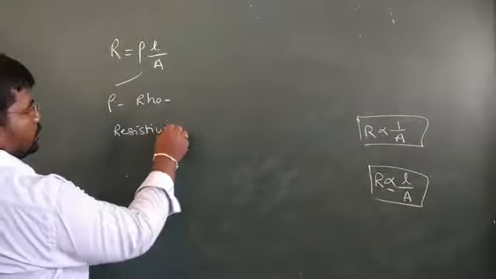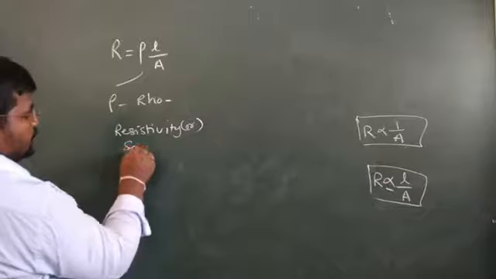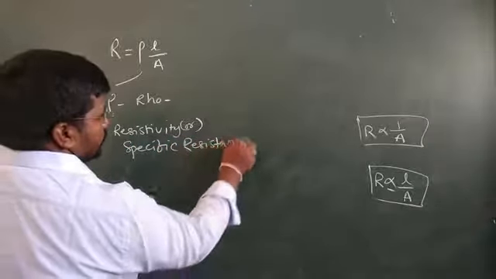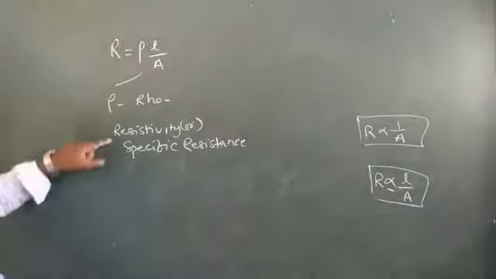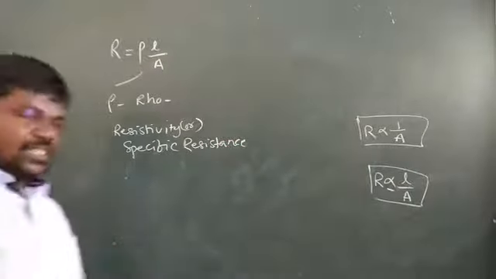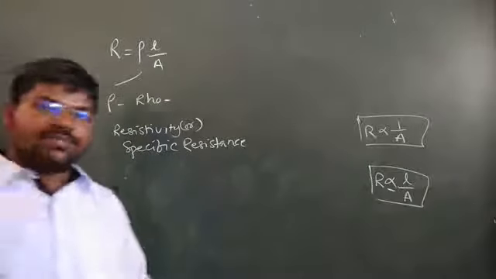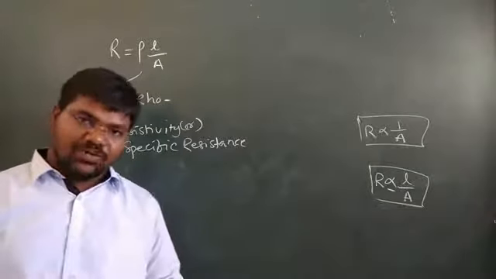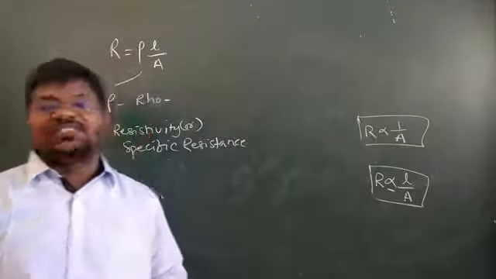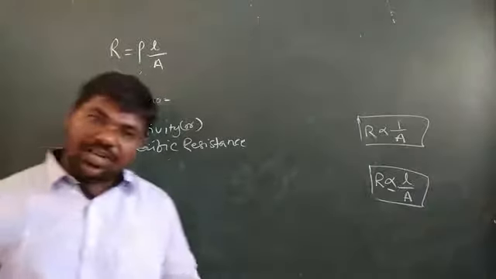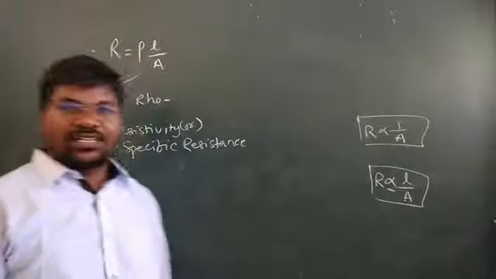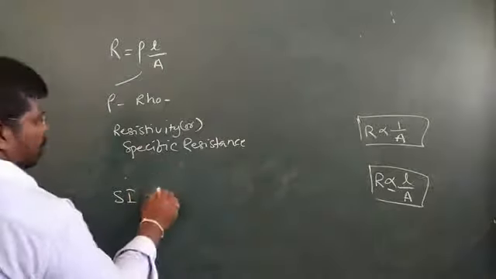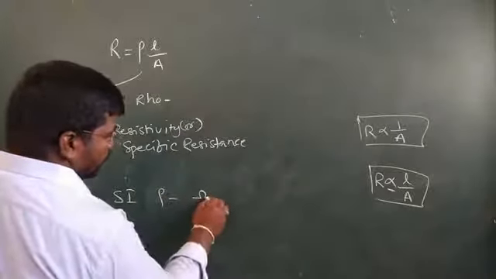Resistivity, or specific resistance, is defined as the resistance of a conductor of unit length. The SI unit of rho is ohm meter.